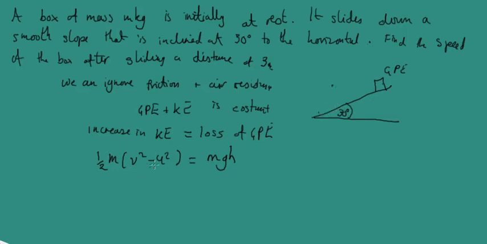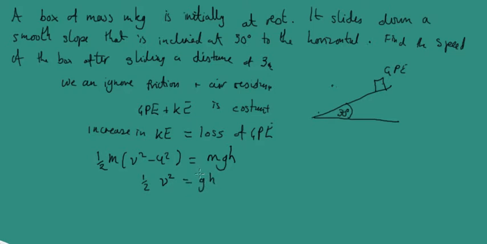So this is going to be half mv squared, and we can take away the m's, they cancel each other out, is going to equal gh.